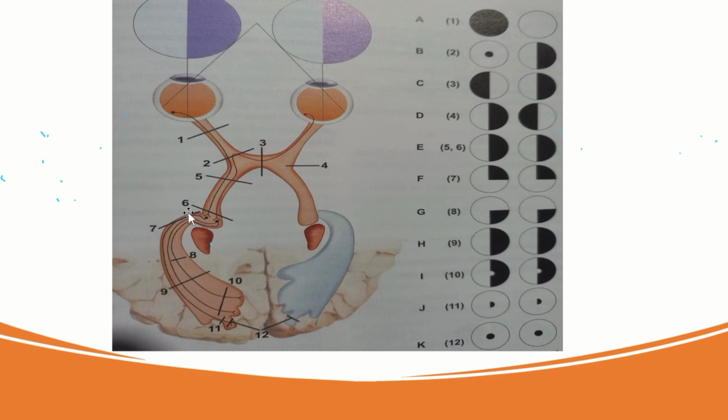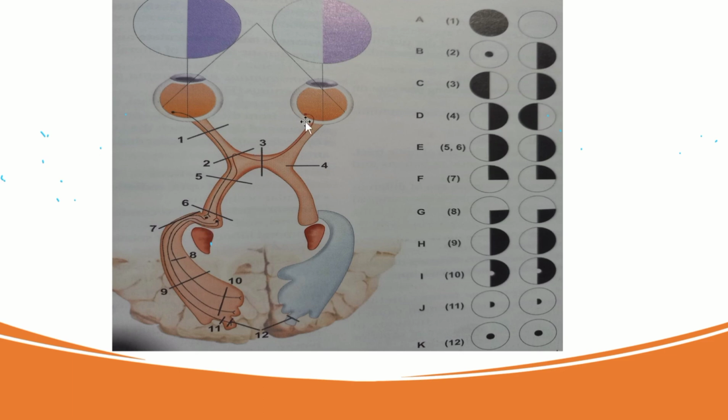So in this part, what kind of fibers can you see? Temporal fibers of the same eye and the nasal fibers of the opposite eye. Since there are temporal fibers of the same eye, the visual field lost in the same eye will be at the nasal side.